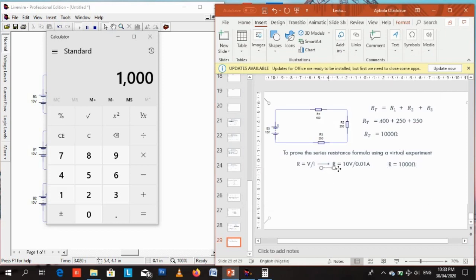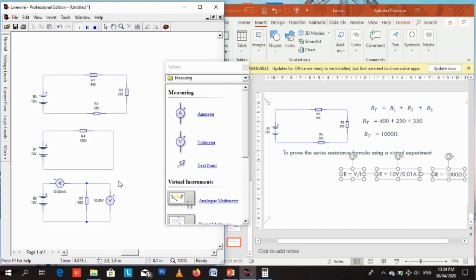It was a collaboration, so to speak, between Ohm's law and the LiveWire virtual laboratory. So we verified the 1000 ohm resistance of that particular resistor using Ohm's law.